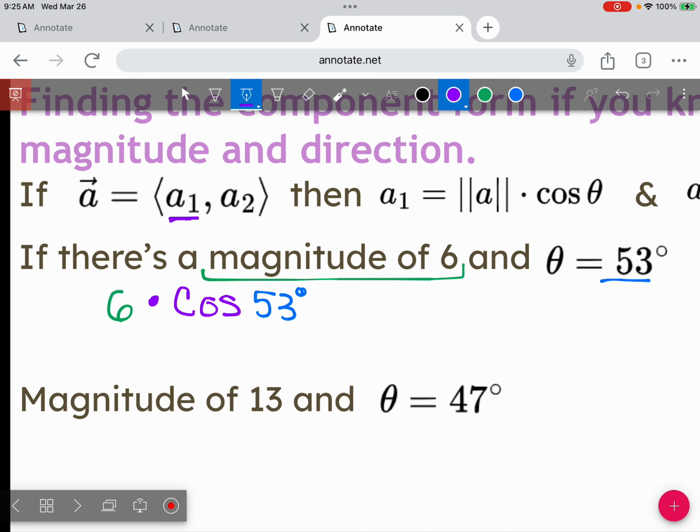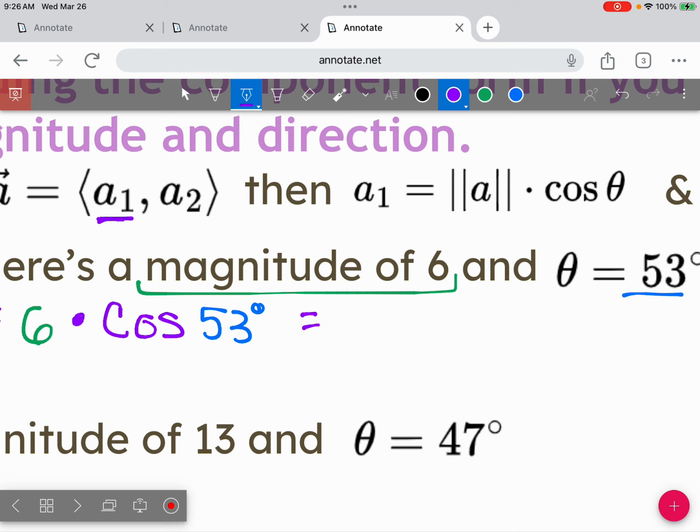So this is going to tell us delta x, that x value in our vector. So 6 times the cosine of 53, which we are honestly most times going to leave as 6 times cosine of 53, because it's a super gross decimal.